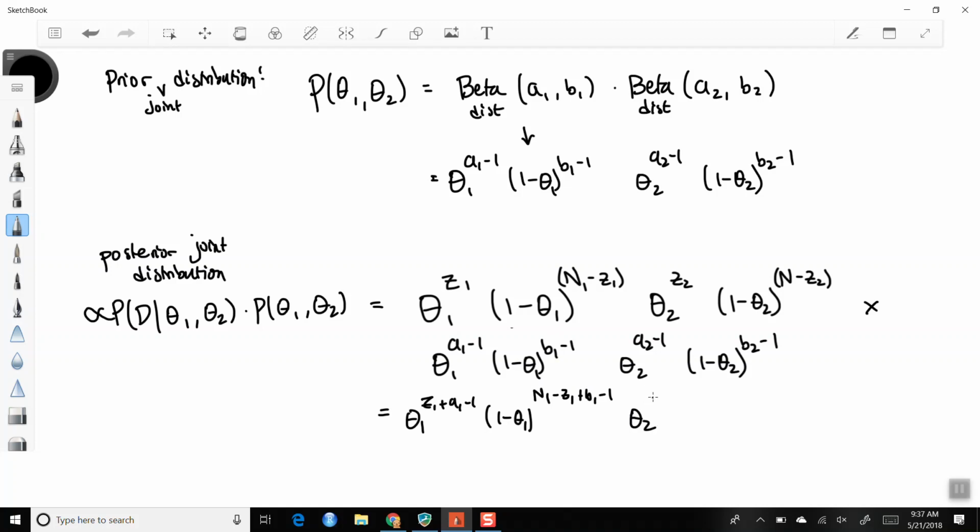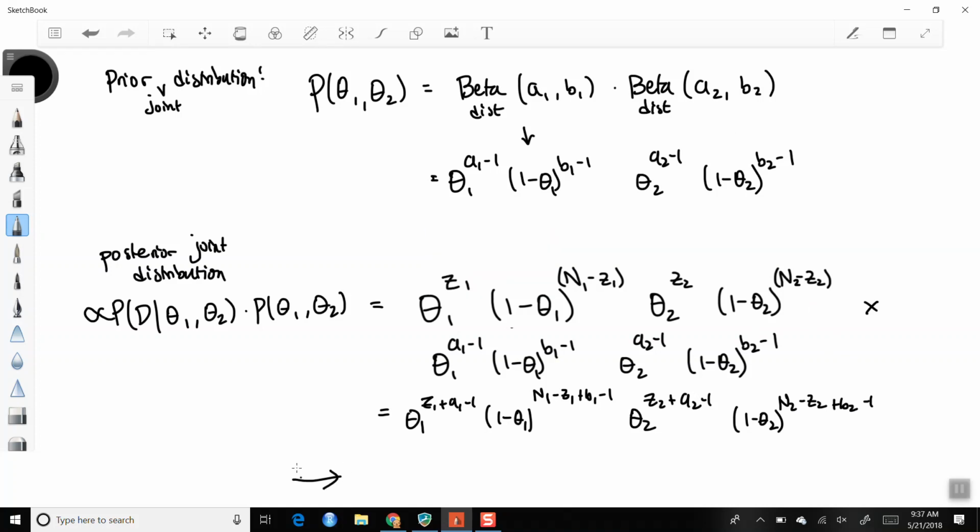Anyway, just add all the exponents together. You guys get the idea. Theta 2 to the z2 plus a2 minus 1 and 1 minus theta 2 to the n2 minus z2 plus b2 minus 1. All right, no big deal, right?